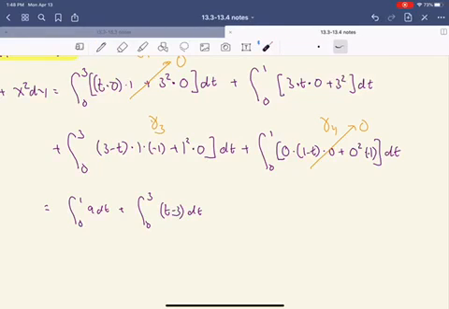I'm just switching the order because of the negative 1. So I'm going to get 9t plus t squared over 2 minus 3t.